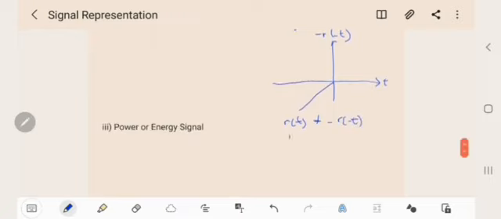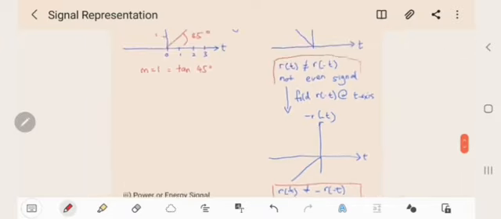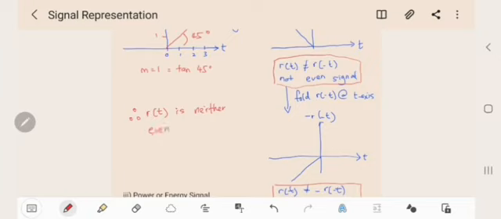So this is not an odd signal. As a conclusion from these two, this ramp signal is neither an even signal nor an odd signal.